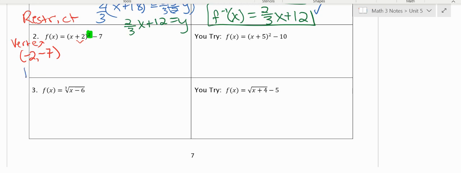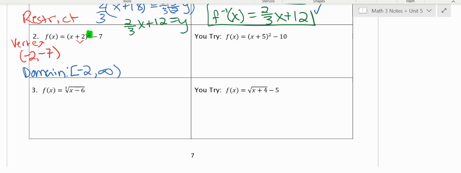And so the domain, I'm going to restrict it to just start where the vertex is, so -2 to infinity. And now I can do the same thing I've done before. I just don't need to put the plus or minus because now we're going to get a function.